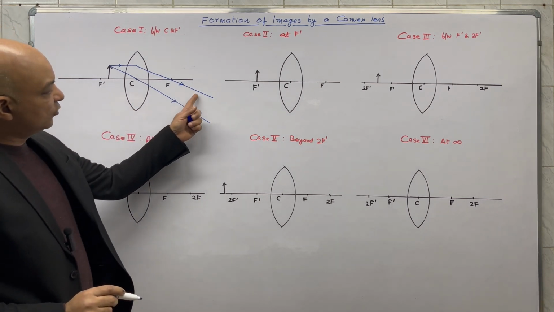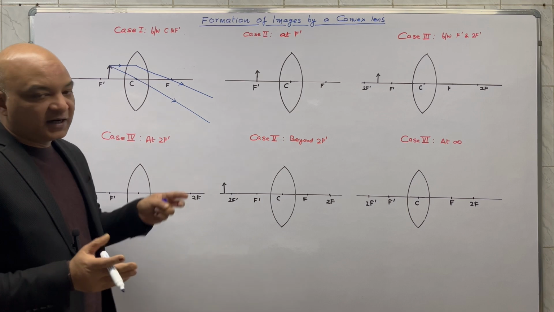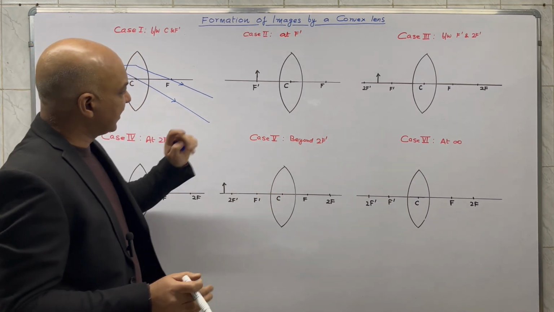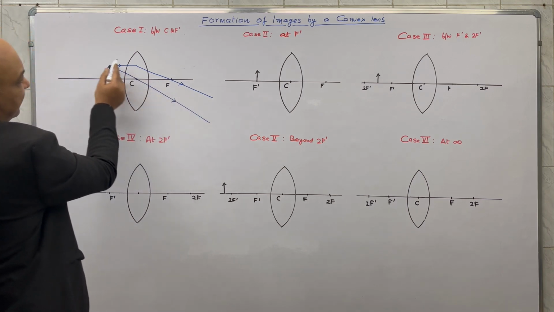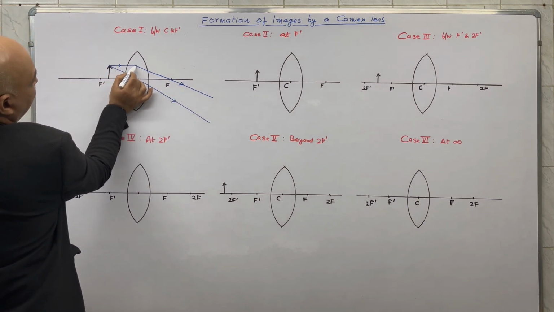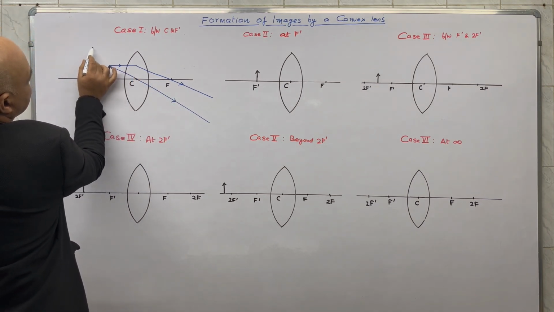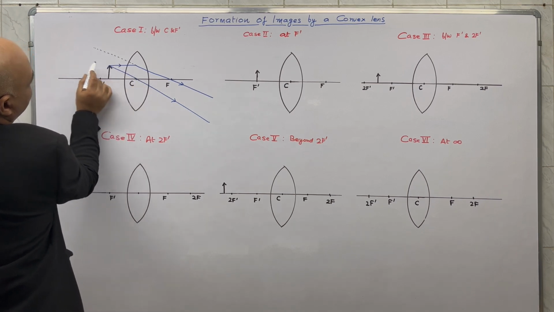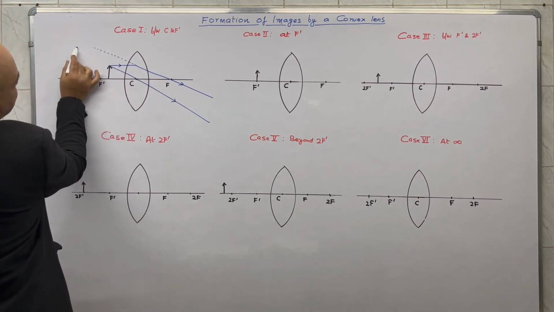Now, these two rays, as you can see, are diverging and they are not going to meet on this side. So I am going to produce them back behind the lens and see where they are meeting.